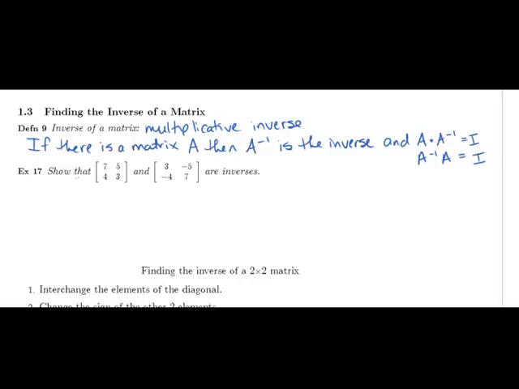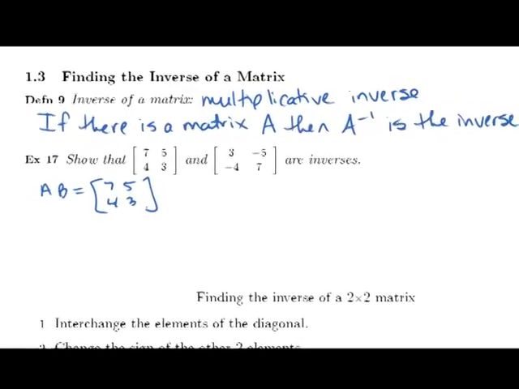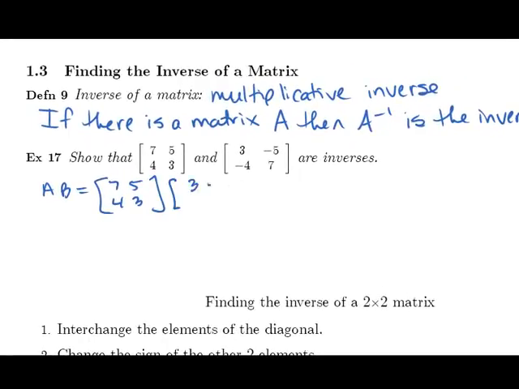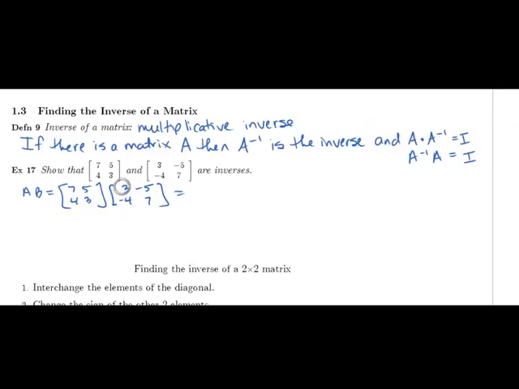So I have two matrices here, and they look very similar, but they actually turn out to be inverses. If we multiply A times B, if we multiply our first matrix 7, 5, 4, 3, by our second matrix 3, -5, -4, 7. Again, we go through, 7 times 3 is 21. I'm going to go a little faster with the multiplication here since we've had a little bit of practice with it.